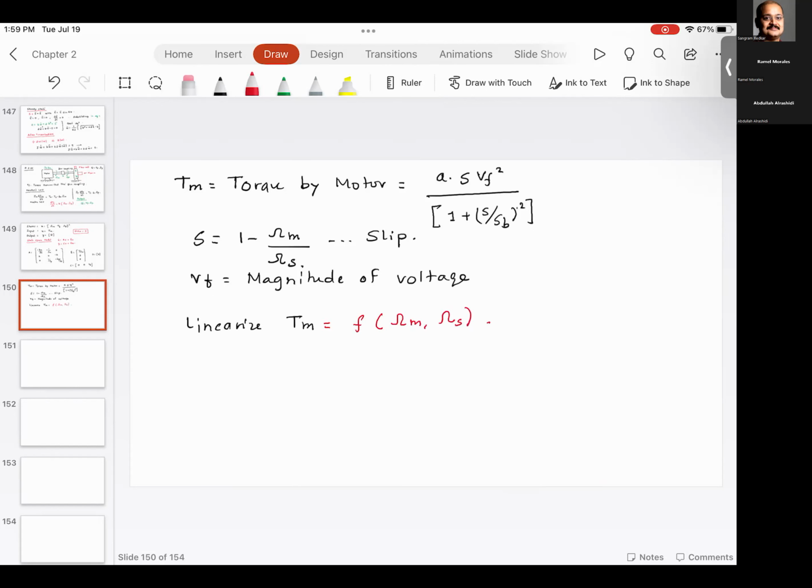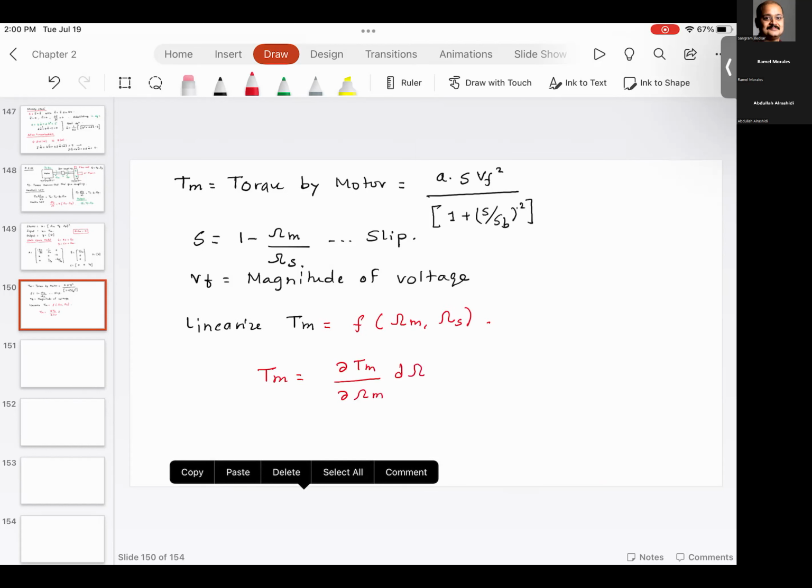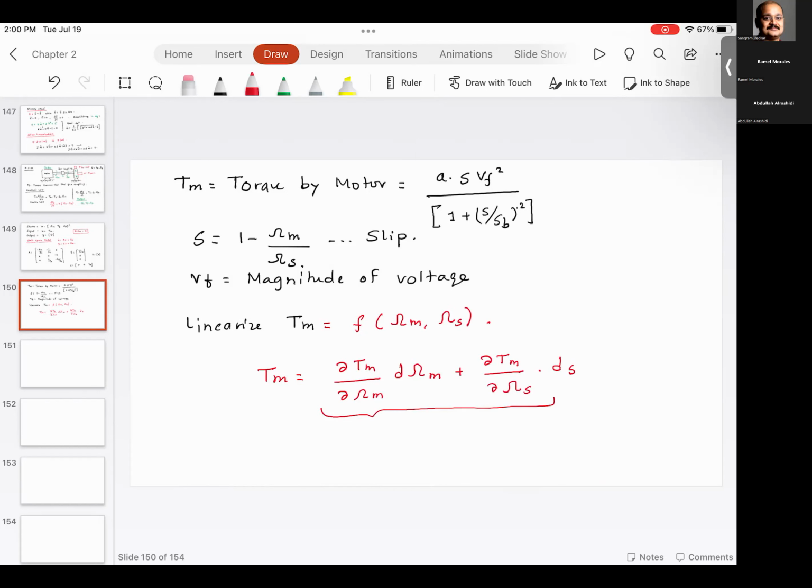If you want to linearize this, the linearization would look like Tm is equal to partial Tm by partial omega m times d omega m, plus partial Tm by partial s times ds.